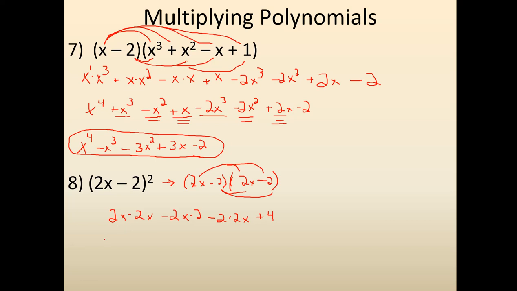So doing this really quickly, this gets me 4x squared. This will get me minus 4x. This gets me another minus 4x. And then this is going to be plus 4. So altogether, I end up getting 4x squared minus 8x plus 4.